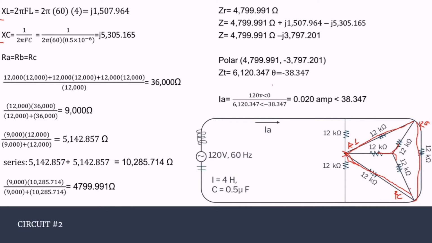Delta is taken by pair over opposite. Since they're all 12K, the solution will be 12K times 12K plus 12K times 12K plus 12K times 12K over 12K is equal to 36,000 ohms. That will be the value of each side.